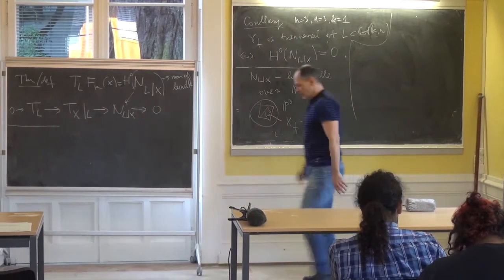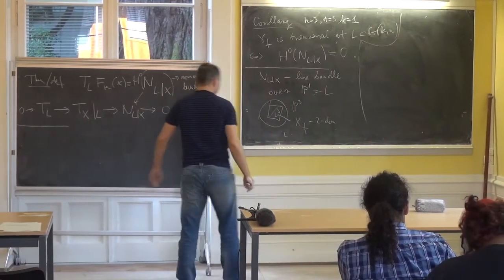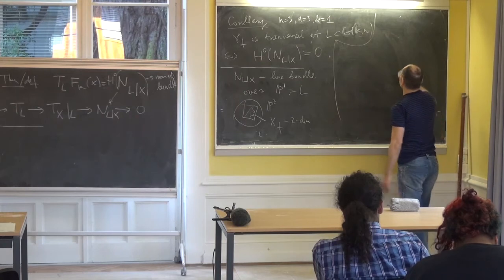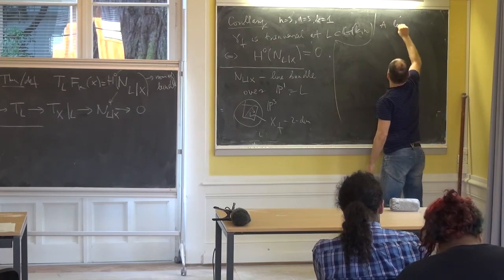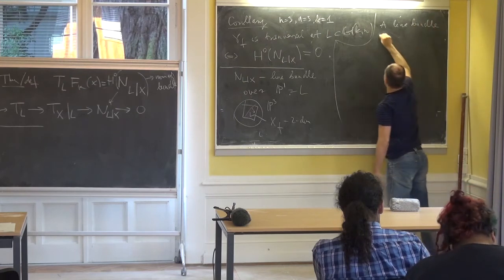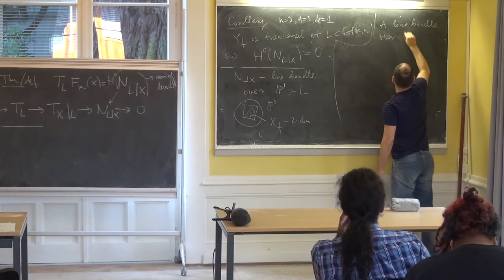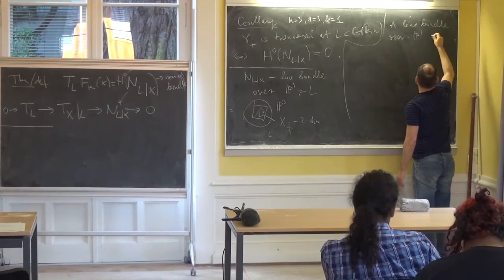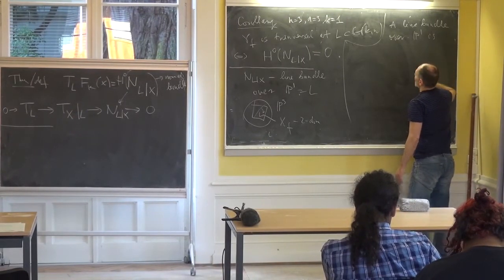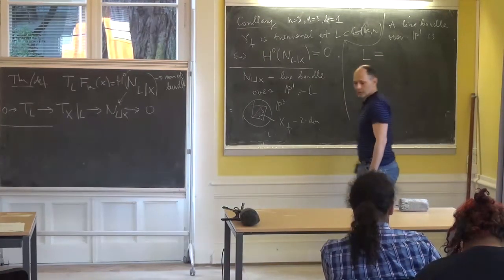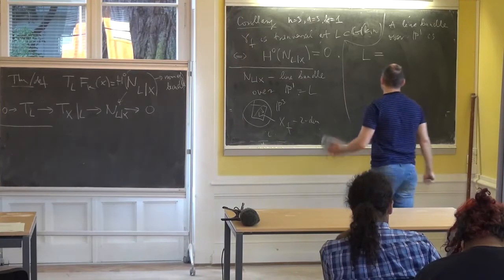Okay, so in fact, a line bundle over P1 is always... L is no, this is really a terrible notation, sorry.